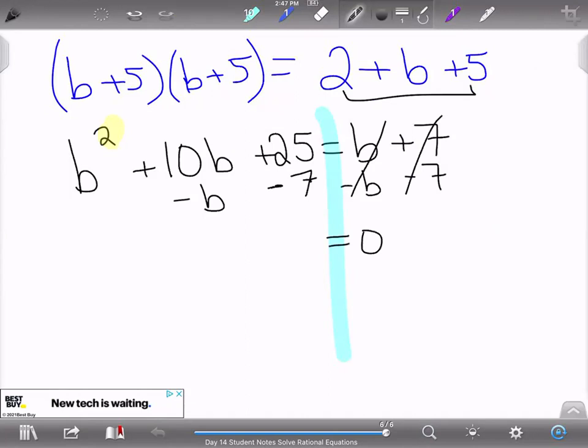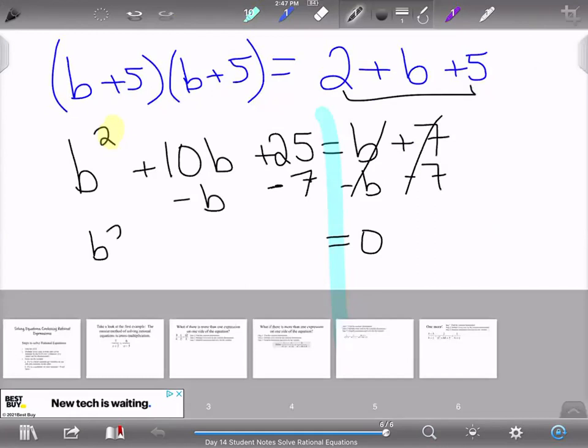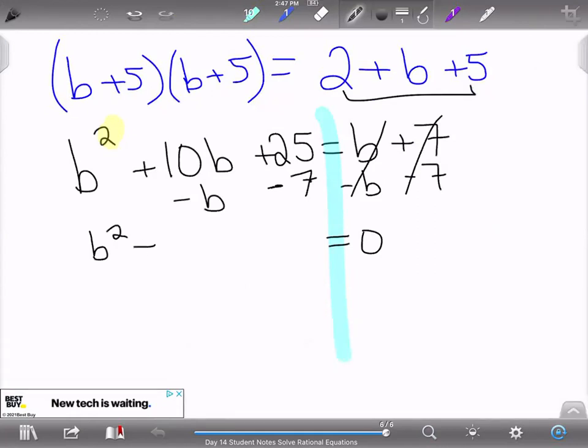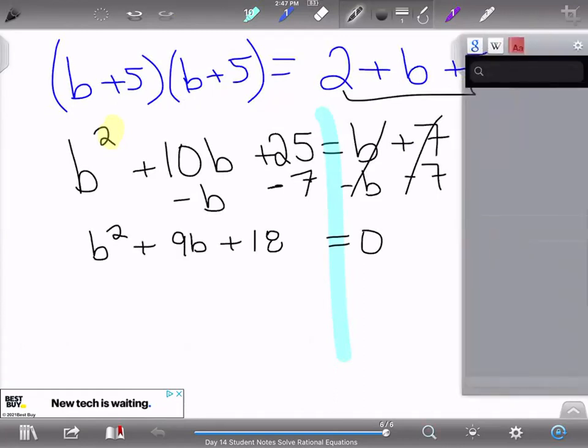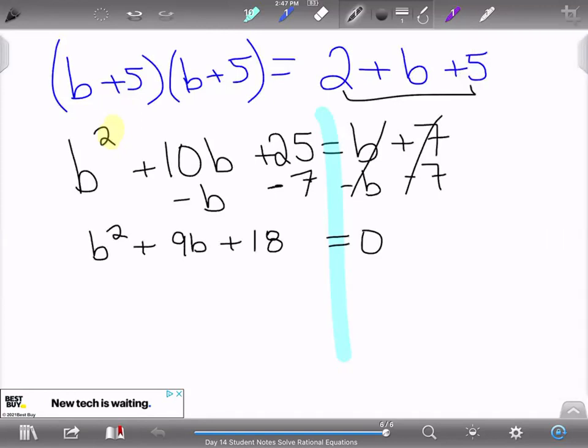On the left-hand side, we're going to have b squared plus, I have 10b minus 1b. 10 minus 1 gives us 9b. And then 25 minus 7 gives us positive 18. So now we have b squared plus 9b plus 18, a quadratic that we need to factor.